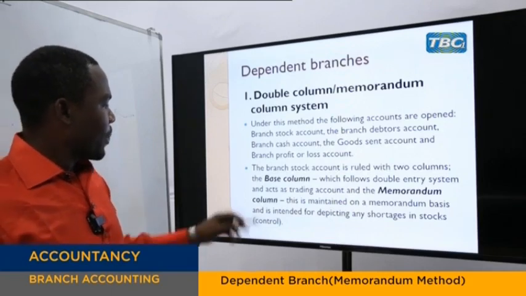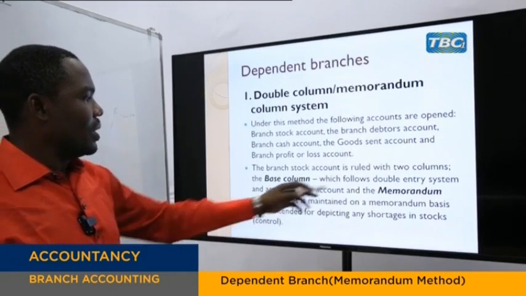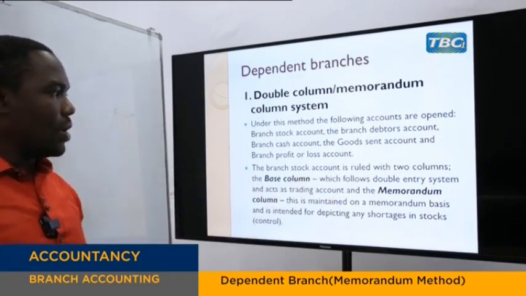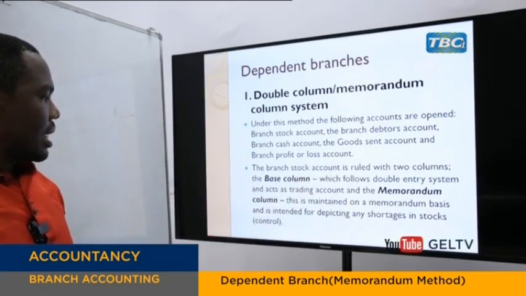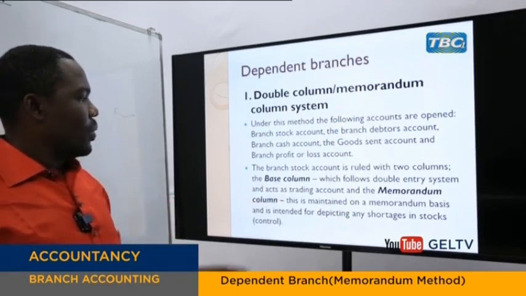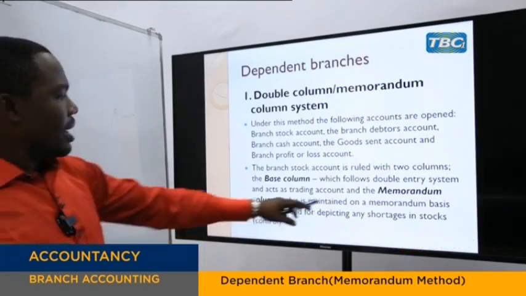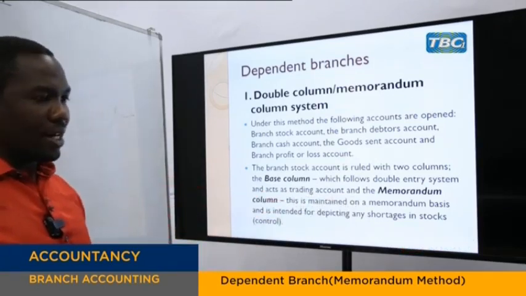So the branch stock account will be opened or ruled with two columns. There will be a base column, followed by another column, which is the memorandum column.